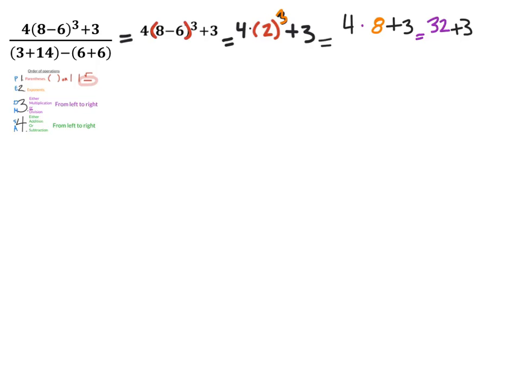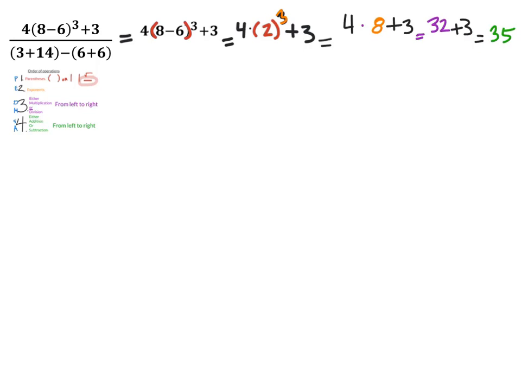And the addition there, because there's no more multiplication or division, 32 plus 3, makes that 35 as the numerator. So I've taken the original numerator back here, and I simplified it to just the 35.